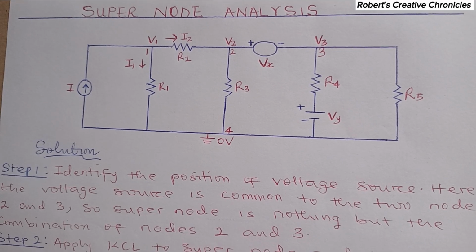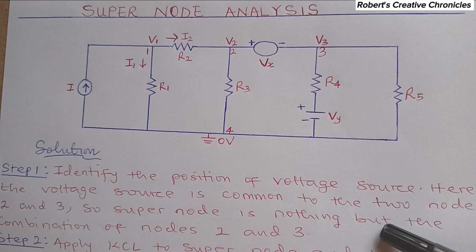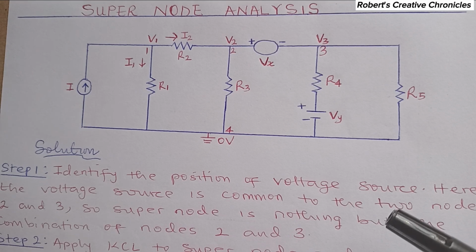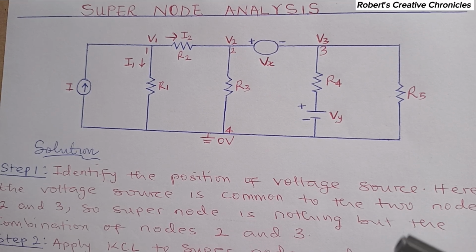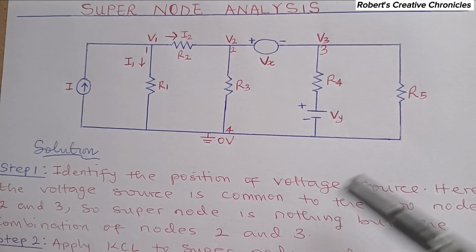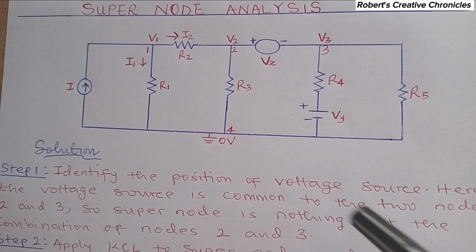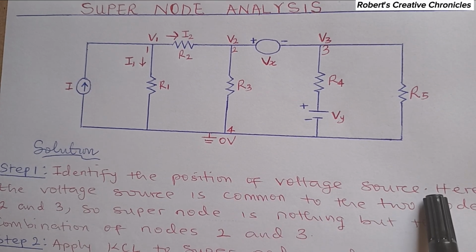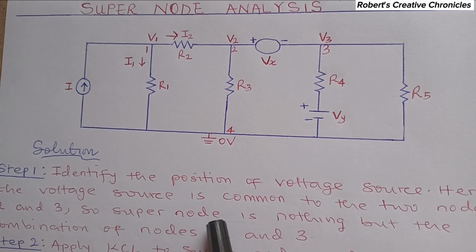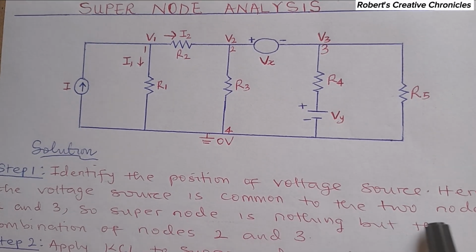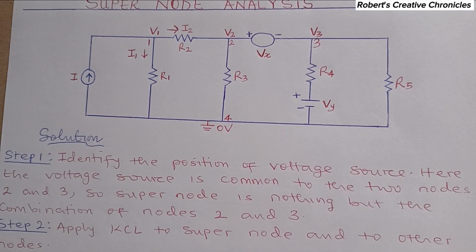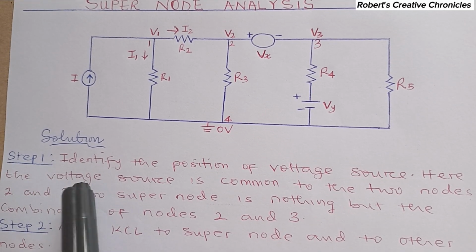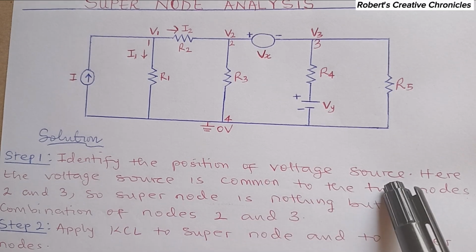In this kind of analysis, you have to identify the principal nodes before you start doing the analysis. So the first step in doing supernode analysis is to identify the position of the voltage source.